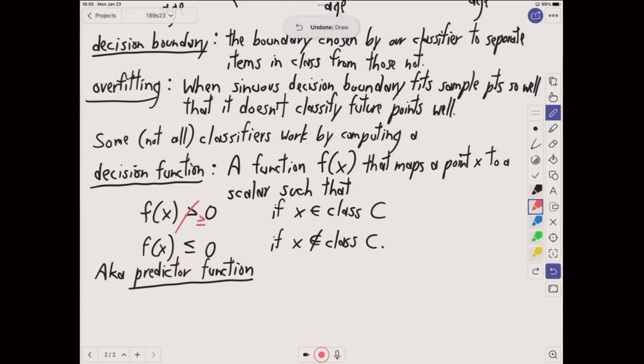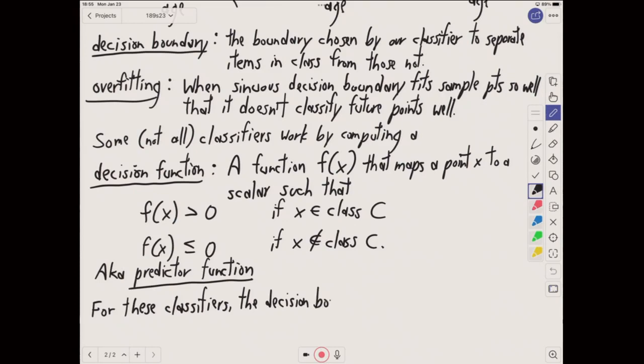Whether or not you should do one or the other may depend on your application, but often just doesn't matter at all. So if we have a classifier that uses this kind of decision function, then it's easy to at least mathematically express what the decision boundary is.